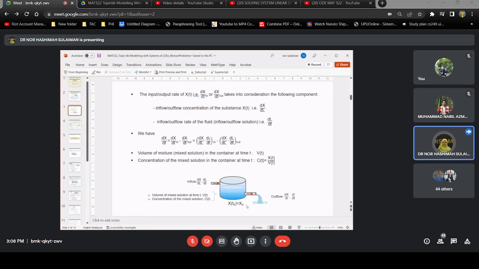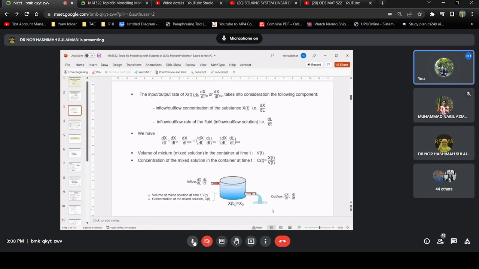Case number 2, kalau yang masuk laju dan dia keluar slow, apa akan jadi dekat volume ni? Dia akan increasing or decreasing? It enters at a faster rate compared to it leaves the tank. Dia akan increase. There's an increase in the amount of liquid in the tank.